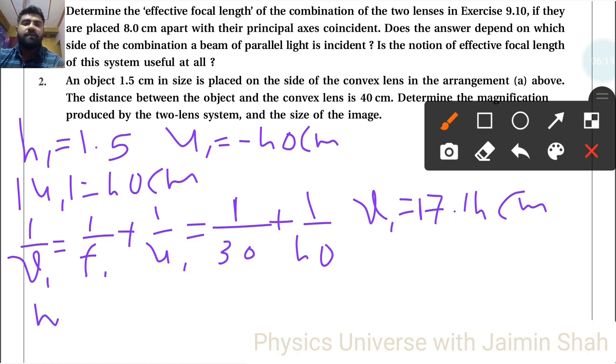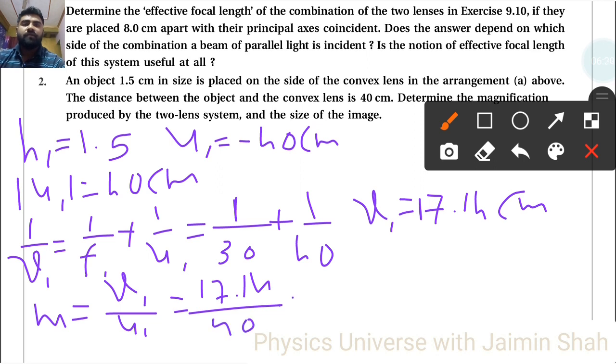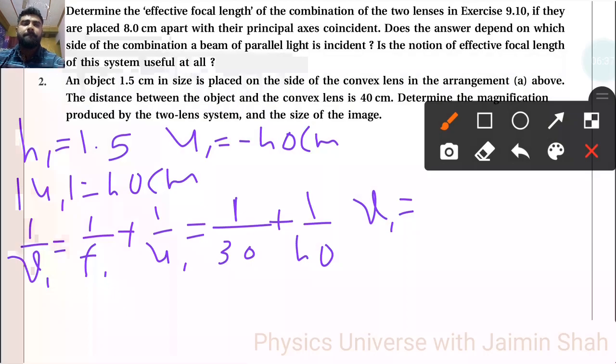Now to find magnification, that is v1 upon u1, so 17.14 upon 40, that is 0.42. Here I have mistakenly written positive, but it is actually negative.